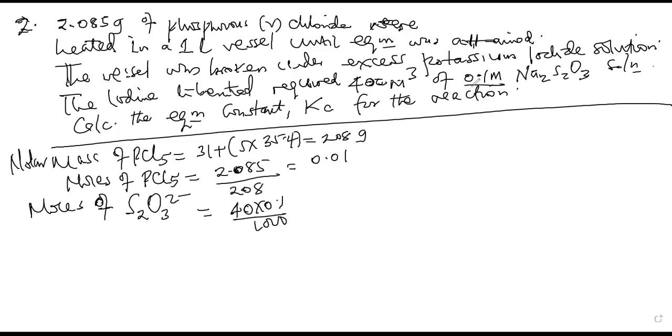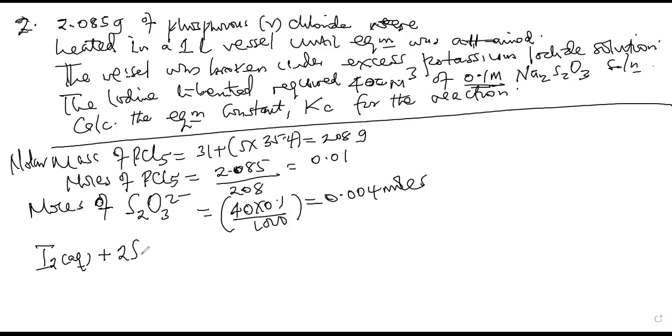Because these moles given are in 1,000. So you'd be saying 1,000 cubic centimeters containing 0.1 moles. What about 40? So this one will give us the number of moles as 0.004 moles.